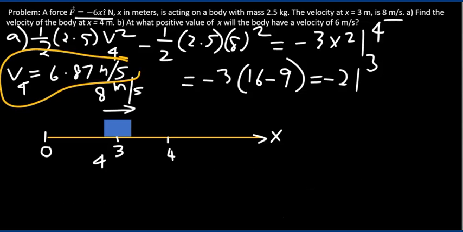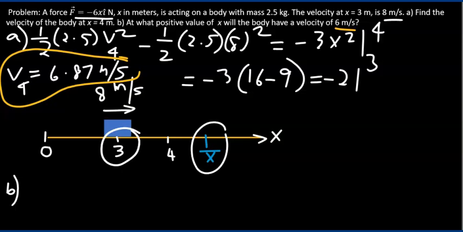Part B. At what positive value of x will the body have a speed of 6 meters per second? Let's assume it occurs here at some value of x. Let's call it x bar. So the kinetic energy there is the final kinetic energy. We can compare the kinetic energy there to the kinetic energy at x equals 3.